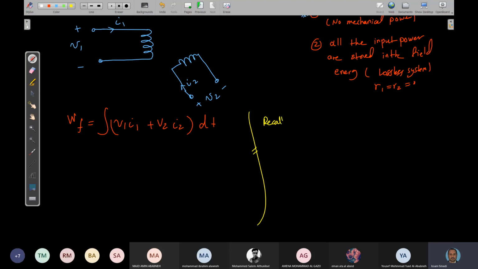So recall the magnetic field system is a conservative system, which means a lossless system.